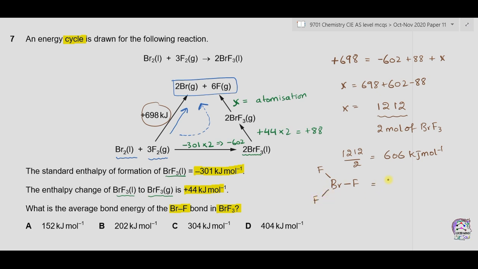So 3 BrF bonds will be equal to 606. So in order to find the energy for 1 BrF bond, we will have to divide this by 3. So it will be equal to 202 kilojoules per mole. And this is for 1 BrF bond. The answer is therefore B.